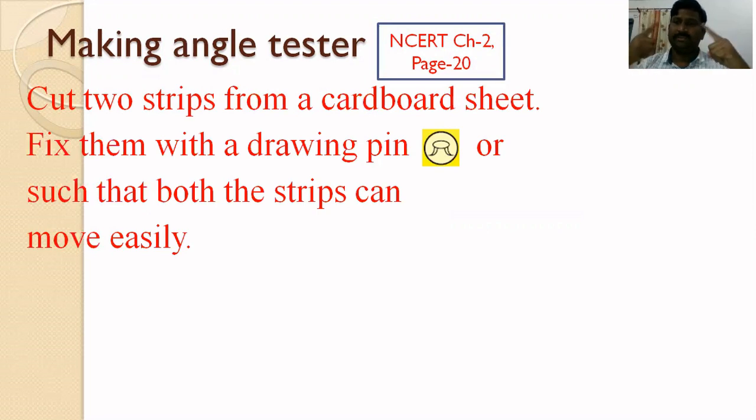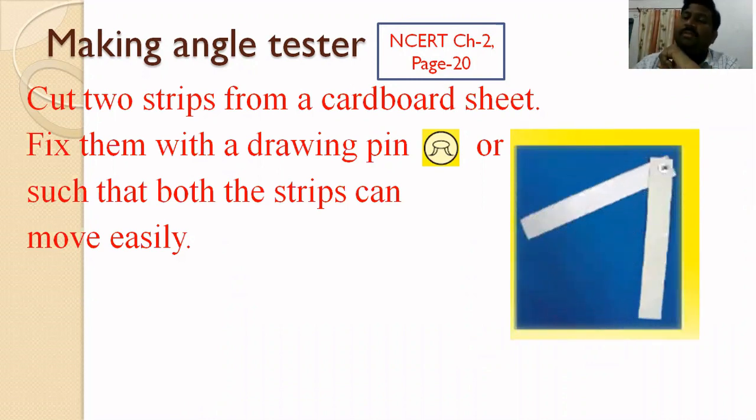We have to cut two strips and fix them with a drawing pin so that it can open like this. So this will form. This is a drawing with two strips and a drawing pin, so it can be opened to any angle.